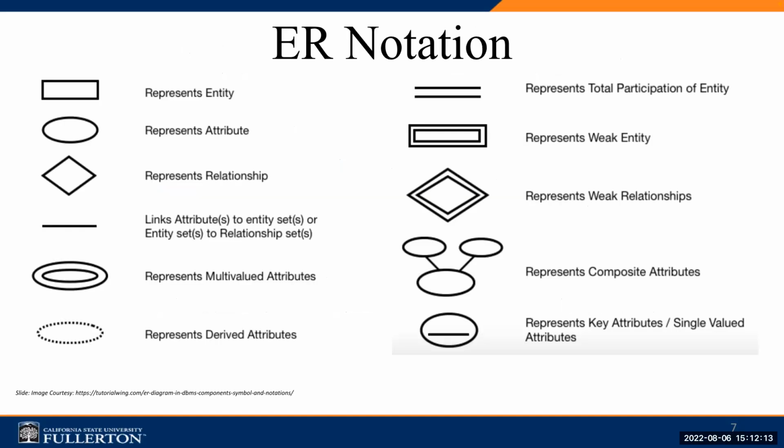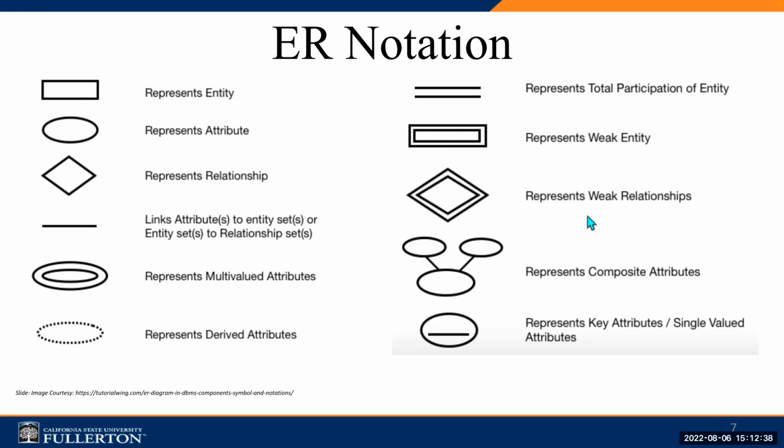Here is an ER notation diagram, which shows how you represent all the entities, attributes, and relationships in an ER diagram, and this can help you identify whether an entity is strong, which would be shown with a solid rectangle, versus a weak entity, which would be shown with double rectangles here.